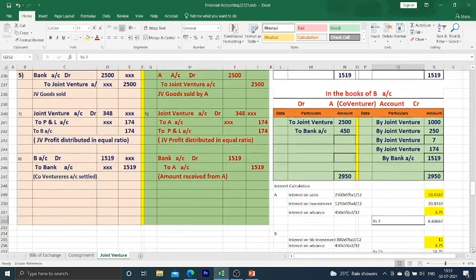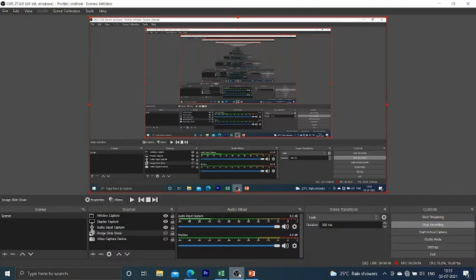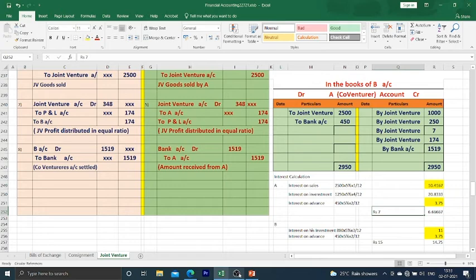And in the case of B, he invested 880 for 3 months, 11 rupees he has to get, and on advance he has to get from A, either way 3.75, 14.75, 15 rupees interest he has to get on his transaction. Students, that is the problem number 5 with the interest.